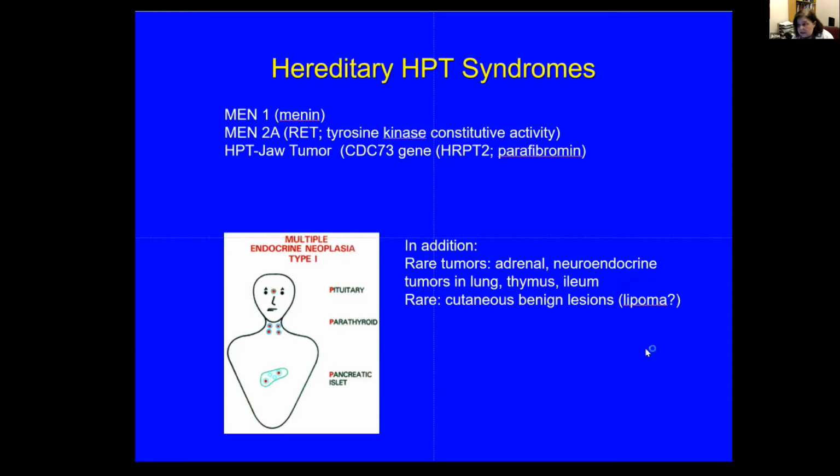And the first presenting abnormality is usually the parathyroid. But you have to check at least prolactin and insulin level to rule out multiple endocrine neoplasia. And we frequently also take metanephrines for neuroendocrine tumor.